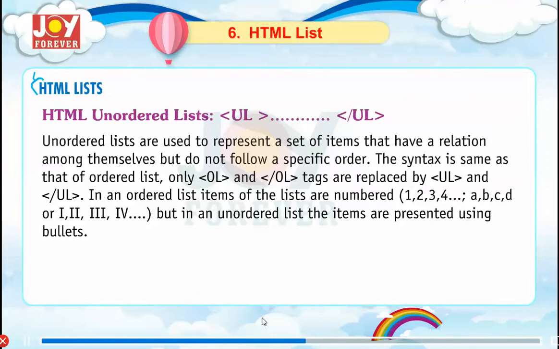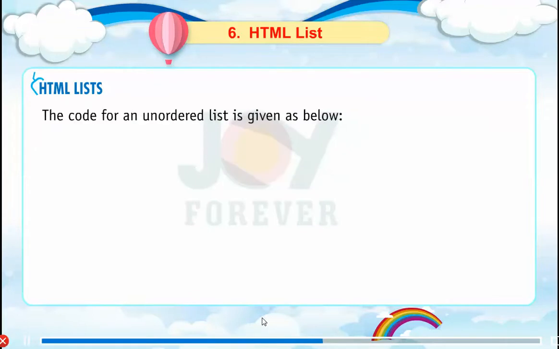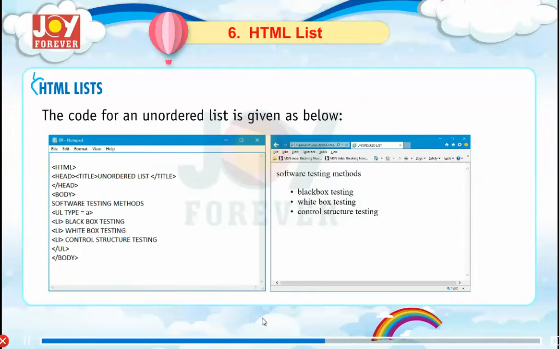In an ordered list, items are numbered 1, 2, 3, 4, A, B, C, D or Roman numerals, but in an unordered list, the items are presented using bullets. The code for an unordered list is given as below.